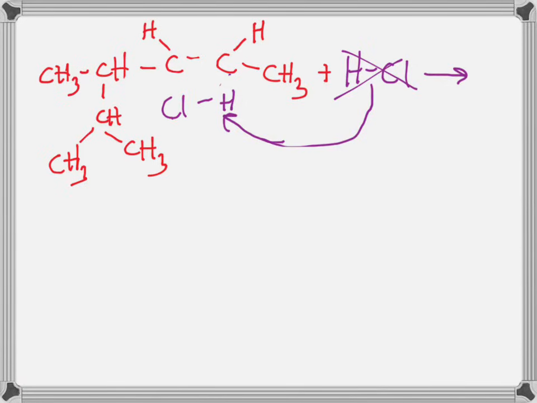That would move the chloride to a different carbon, so it makes a different product. So although we add two things together to make one molecule, we could have made a couple of different molecules, either the chloride on this carbon or the chloride on this carbon. Either way, we still made an alkane with one chlorine atom on it.